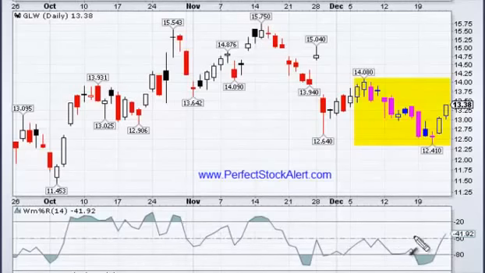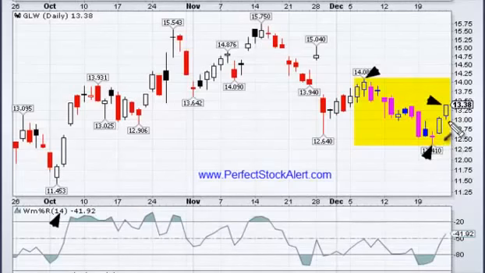Whenever you're looking at this and you're wondering where does this line come from? Where do they get this number? What they do is they take 14 periods, the last 14 periods, and that's this number right here. They're taking the close in relation to the highest point in that 14 period and the lowest point, and they're looking at that to get their calculation.